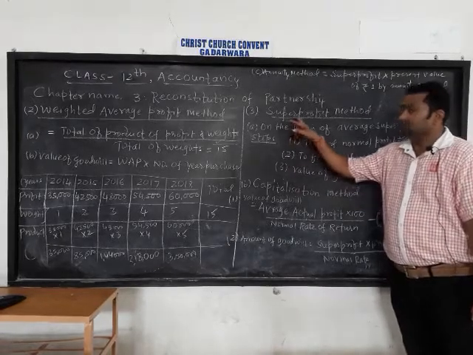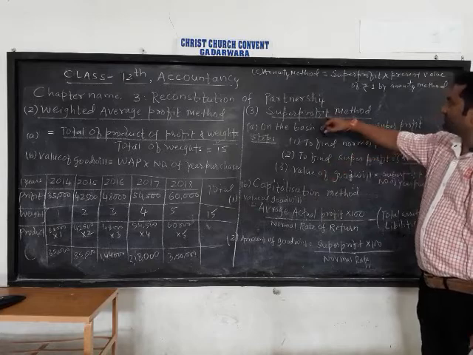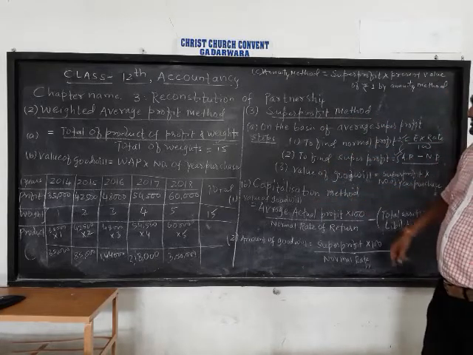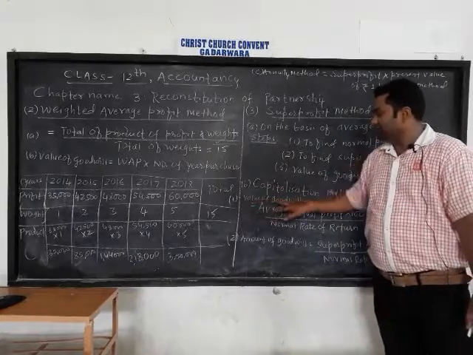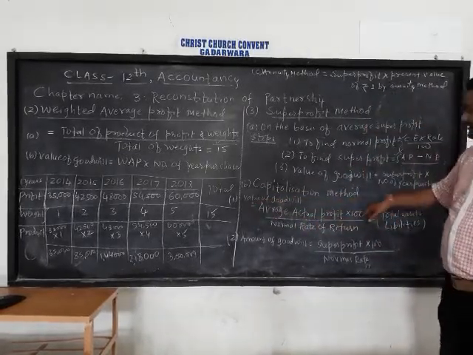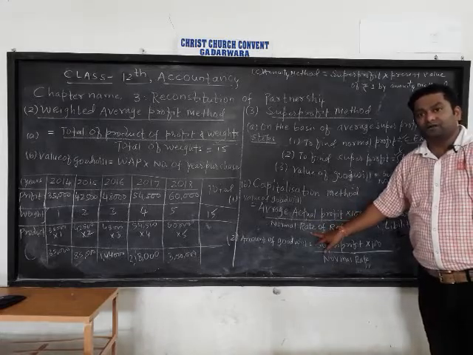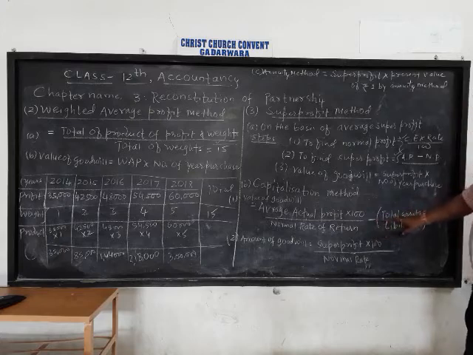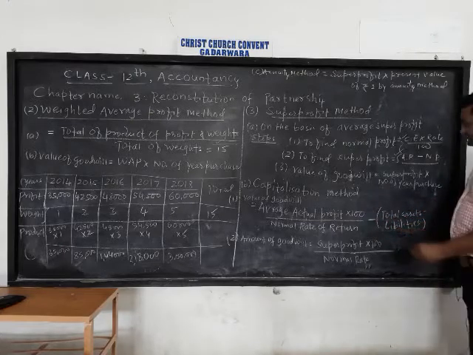Second, it also comes under the super profit method, capitalization. By the method of capitalization, to find the value of goodwill, it is average actual profit multiply 100 upon normal rate of return minus total assets minus liabilities.